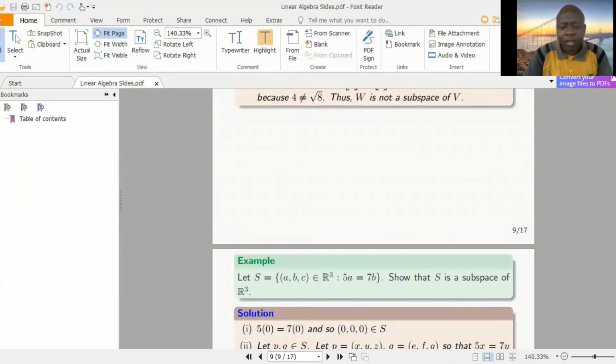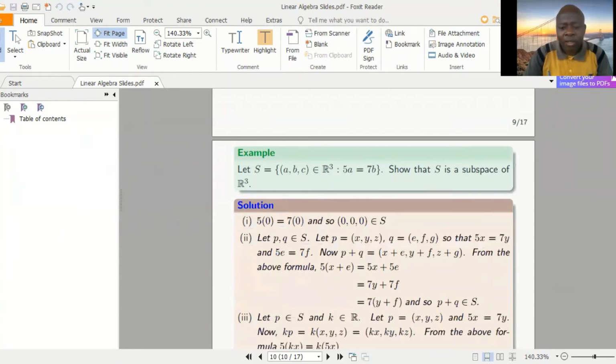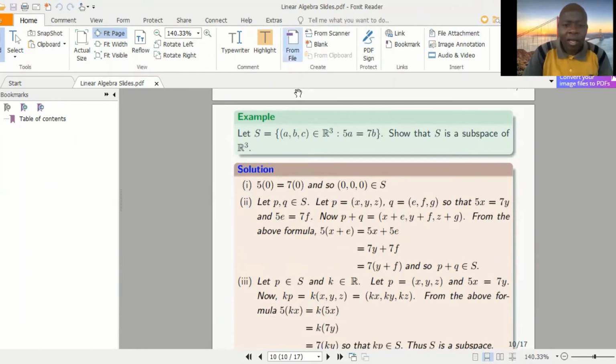Now let's show that subsets are subspaces, and for this we'll be using arbitrary proofs. I like this first example.